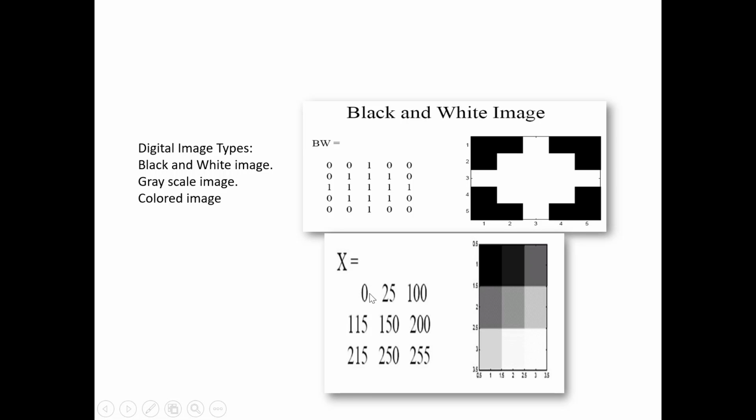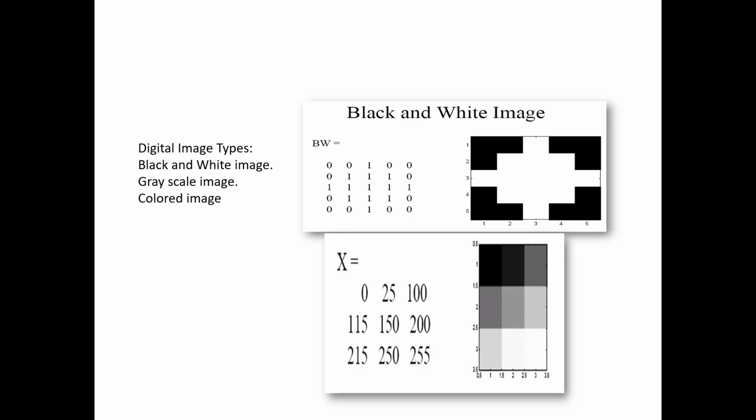Accordingly, the range of gray level shades depends on the number of bits of the pixel value. If we have 8-bit pixels, then the pixel value range lies from 0 to 255. Why 255? Because if we apply the formula 2 to the power n, where n is the number of bits, then 2 to the power 8 equals 256.